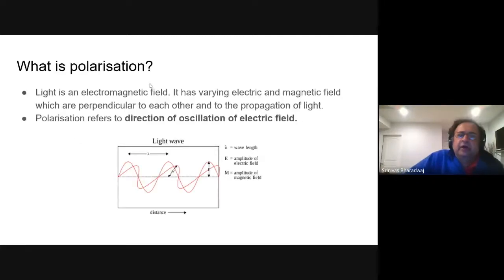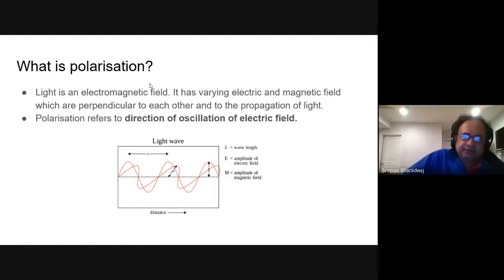So light, as you know, is an electromagnetic field. We discussed this last class. When we say it is an electric and a magnetic field, we said that basically both the electric field and the magnetic field share a common wavelength, and the electric field is perpendicular to the magnetic field, right?